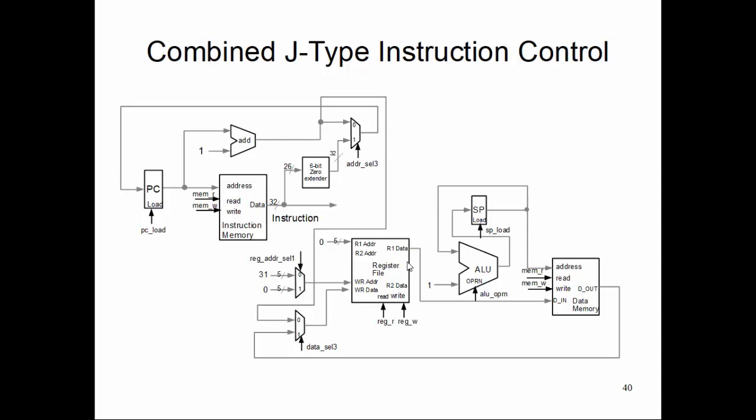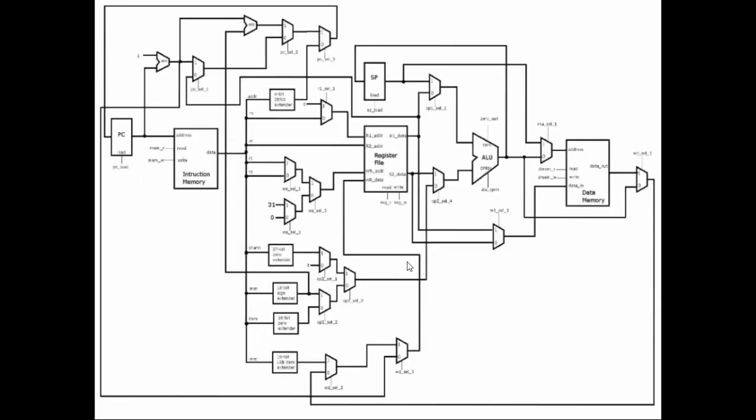Now we do the complex thing, right? We superimpose R-type, I-type, J-type data path with an assumption that instruction memory and data memory are separate. That becomes like this path, okay, lot of multiplexers. So remember I told you that multiplexer is one of the important components in constructing a microprocessor.